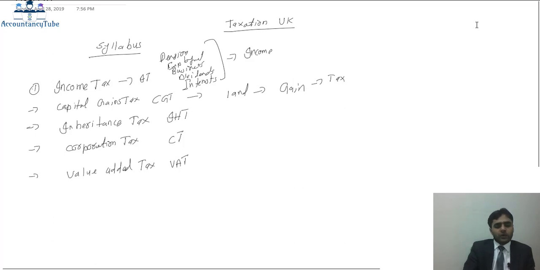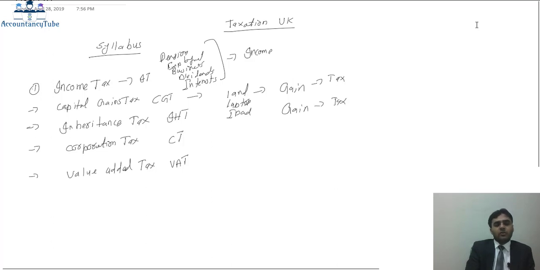Okay, likewise, you could have many other assets as well, for example, a laptop or an iPad. Whatever I'm selling, whatever gain I'm making, I will have to pay tax on that.